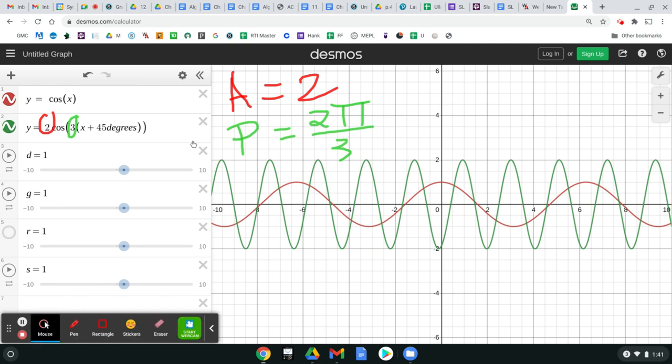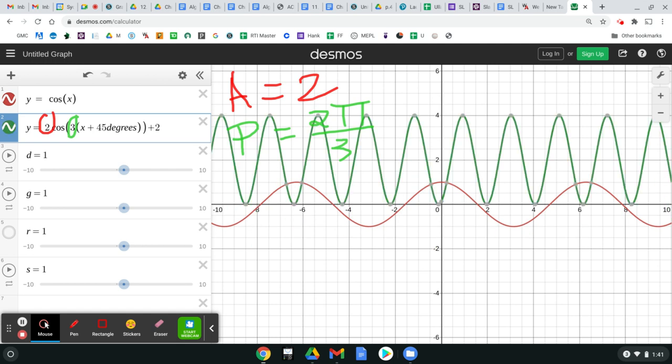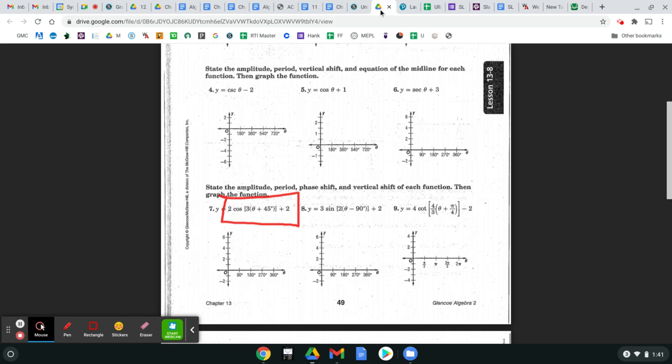Yes. So I got to go back to my equation and put, did you say plus 45 degrees? No, plus 2, right? So now from before, that just moved it up 2. You see that? Yes. So now, and again, use Desmos to play around and help yourself with this. Okay.